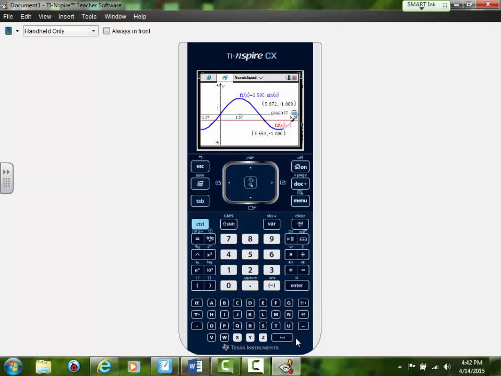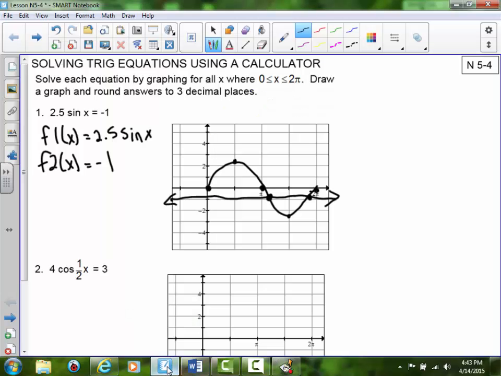So we go back to our paper, and we would write that x equals 3.553 and x equals 5.872.